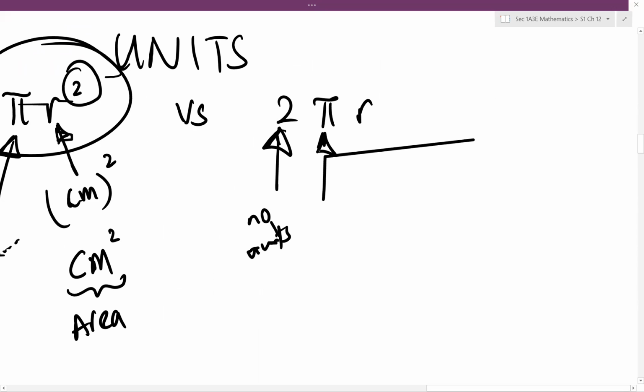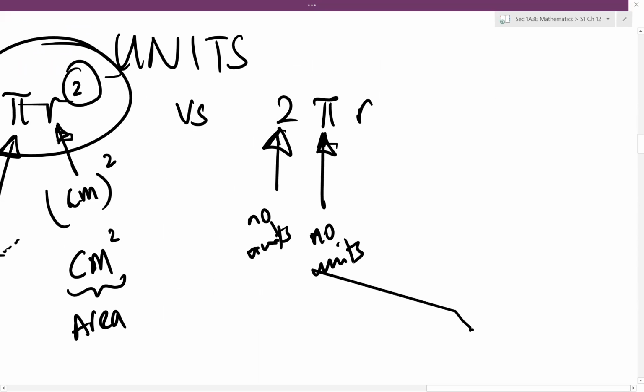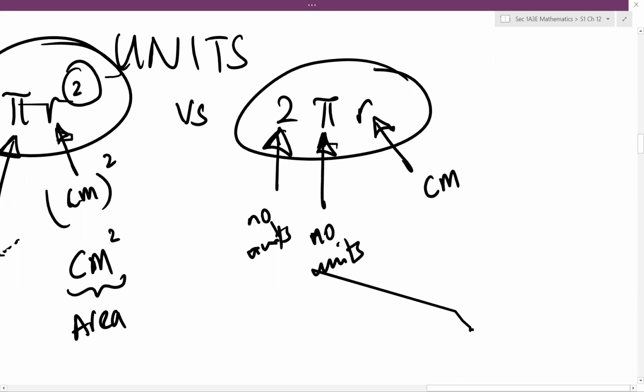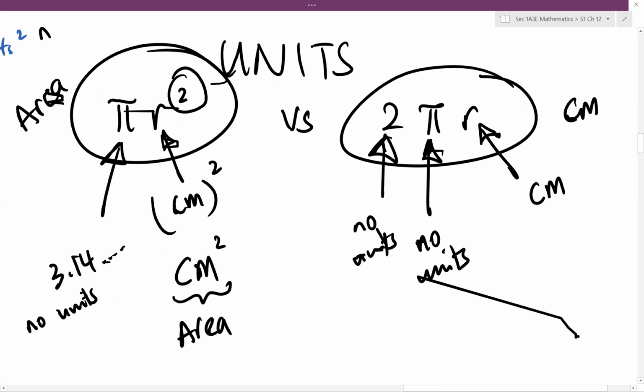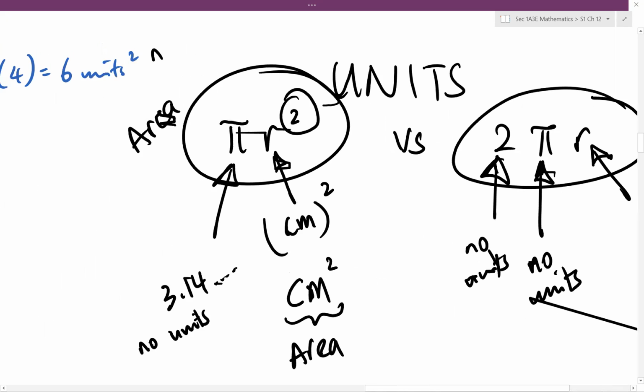The number pi is literally a number, no units as well. The letter r represents radius. Radius has units, for example cm. So we put them together, you get units of cm, and it corresponds to a distance, a length. In this case, it must be the circumference. Did you realize that? We can confirm it, no? Let's look at it for a square.